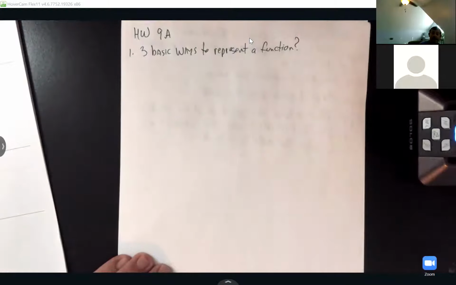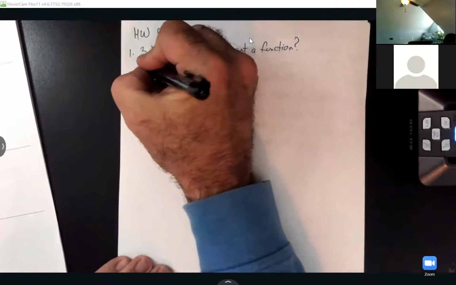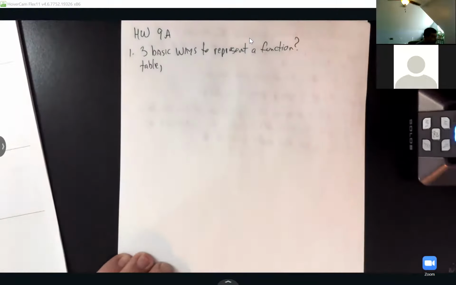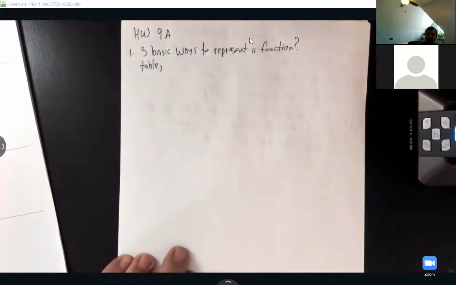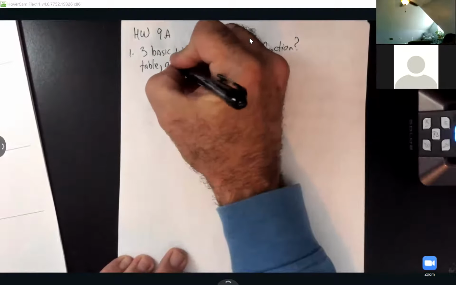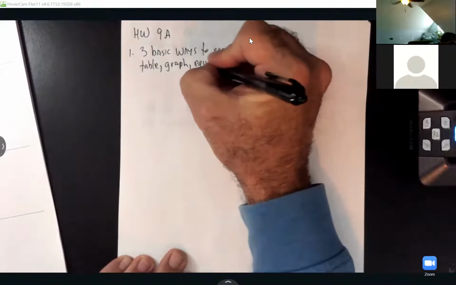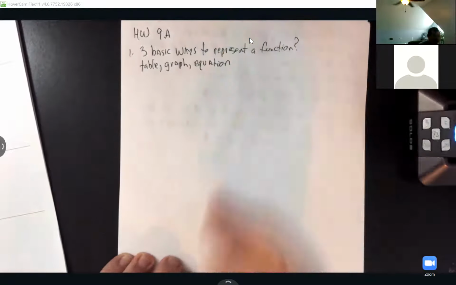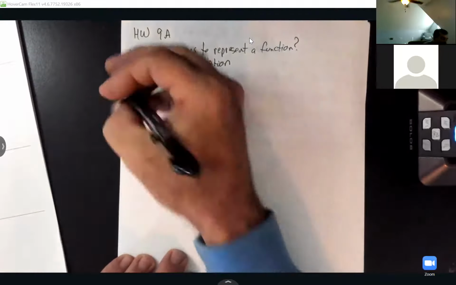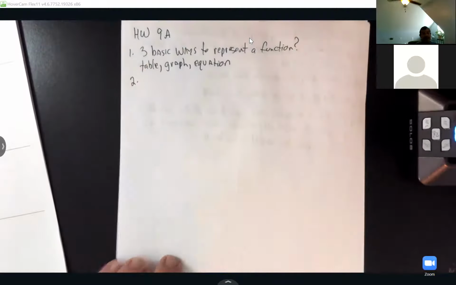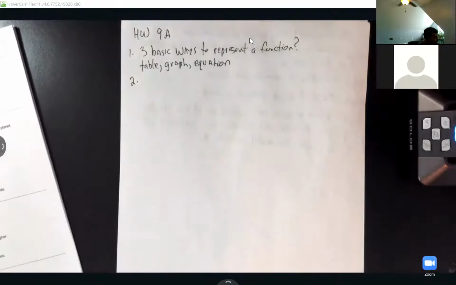So we made a table. We made a graph. And we came up with an equation. So a table, graph, and equation are the 3 basic ways to represent a function.